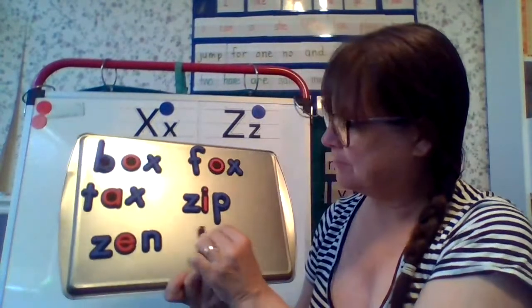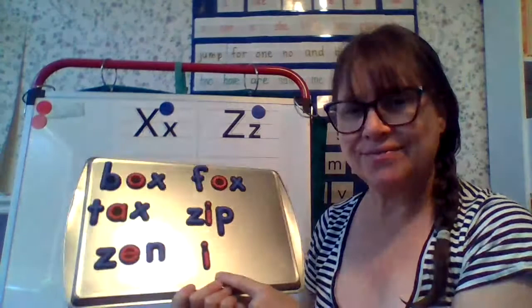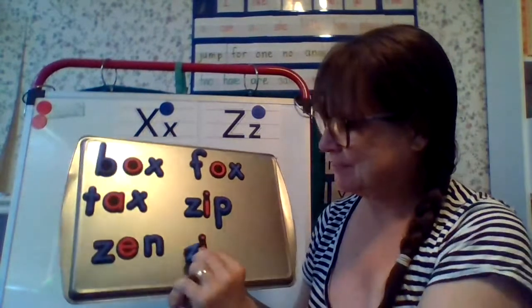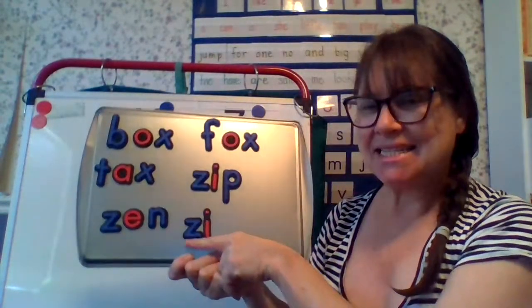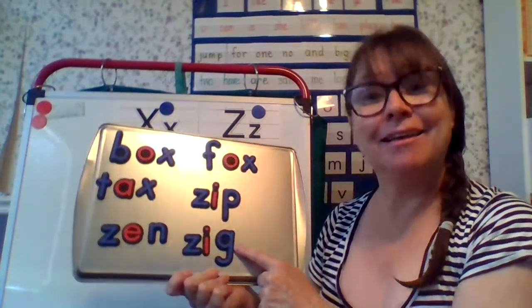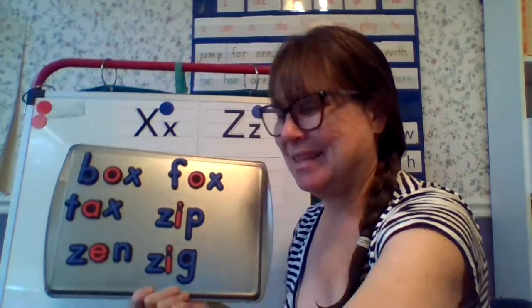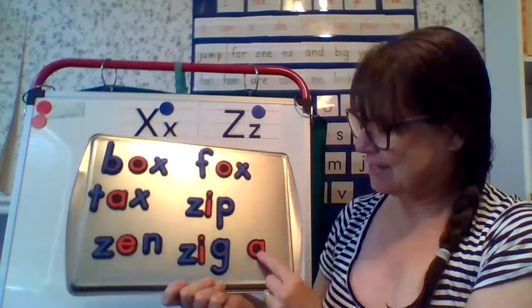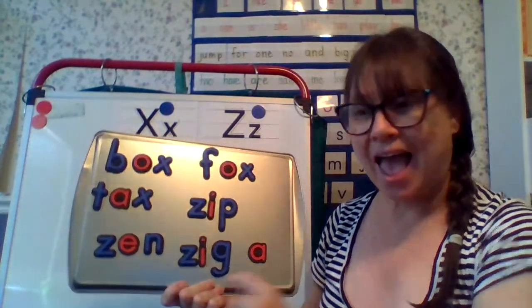Now this is one long word. What sound is that? I. So blend that. Z. G. Good. What sound is that? Ah.